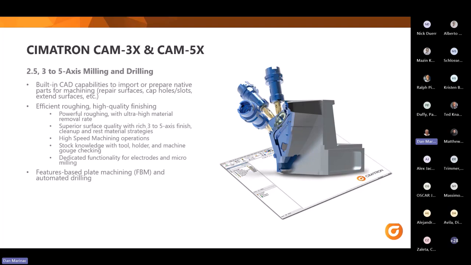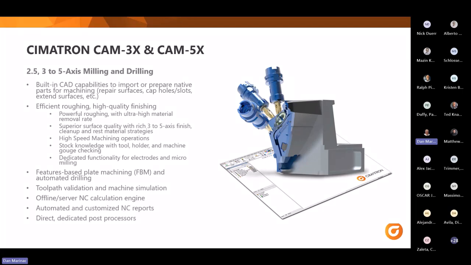We will be showing the automated drilling today. Toolpath validation and machine simulation will be shown. Cimatron also offers offline and server NC calculation engines if you want to offload the computational tasks. Automated and customized reports, direct dedicated post-processors.